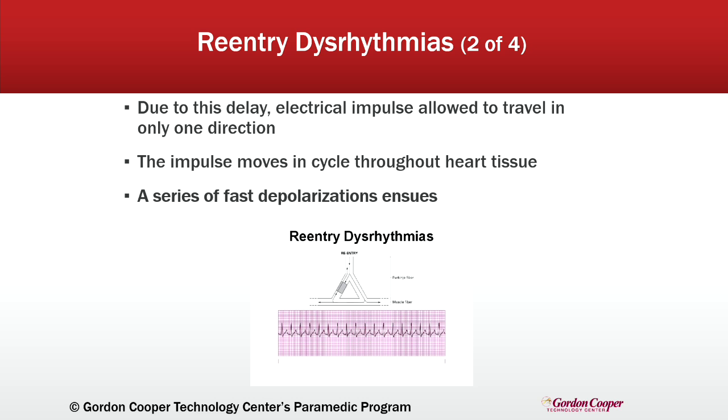This creates a situation where the heart goes through a series of rapid depolarizations, or just these fast electrical impulses. These fast depolarizations can lead to rapid abnormal rhythms, which is a hallmark of certain arrhythmias such as ventricular tachycardia or atrial flutter. The heart can get caught in this reentrant cycle, and unless the impulse is interrupted, it may continue firing off fast, causing a rapid and potentially dangerous heart rhythm.